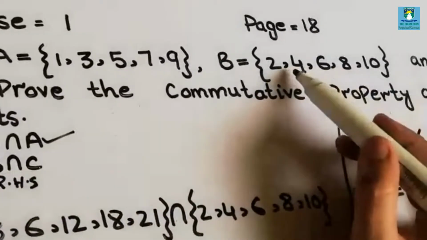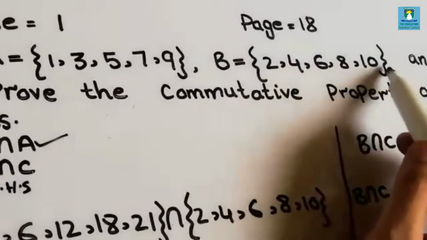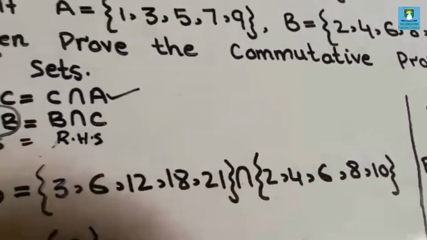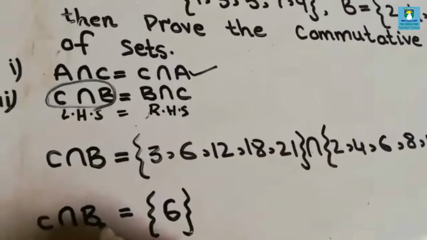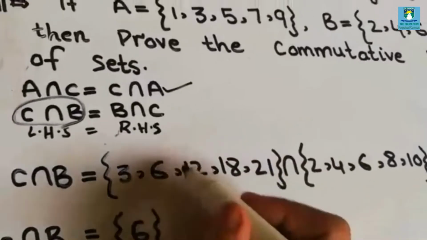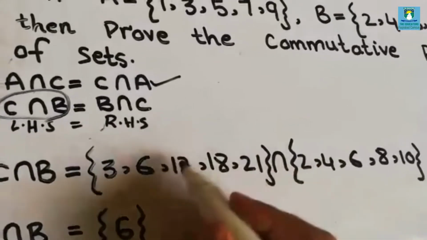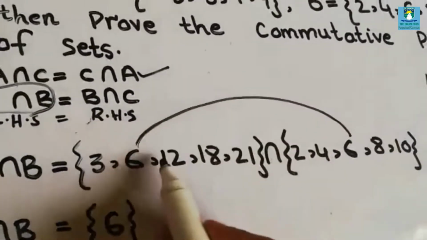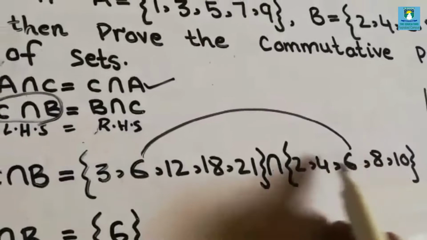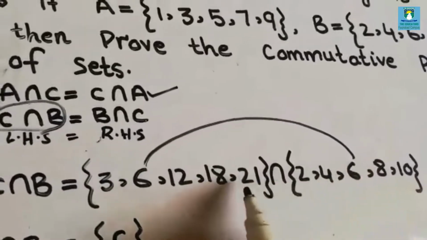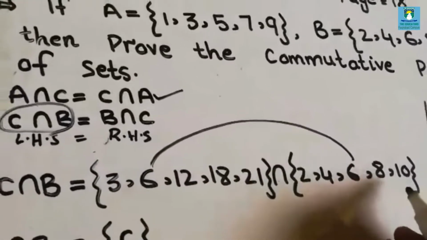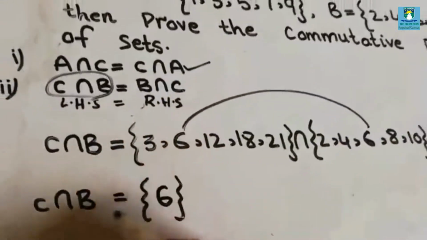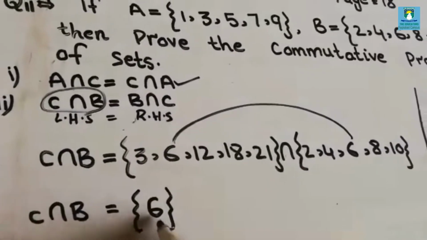Look at here. 2, 4, 6, 8 and 10. C intersection B is equal to, what is common in these two sets? 3 is not common. 6 is common. Next 12, there is no 12 in set B. 18, there is no 18. 21, there is no 21 in set B. So only 6 is common in these two sets. So we will write here C intersection B is equal to 6.